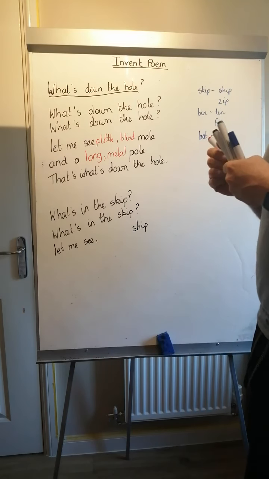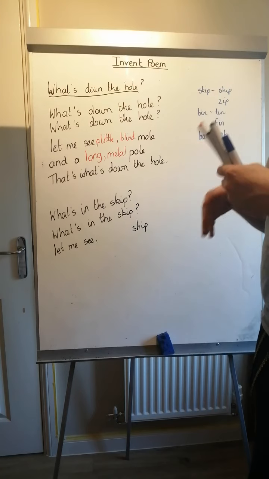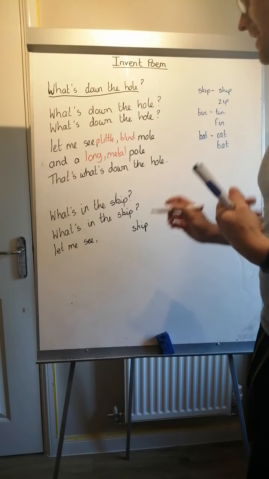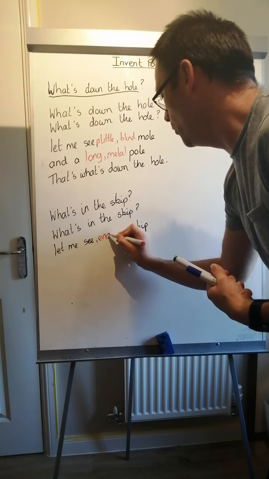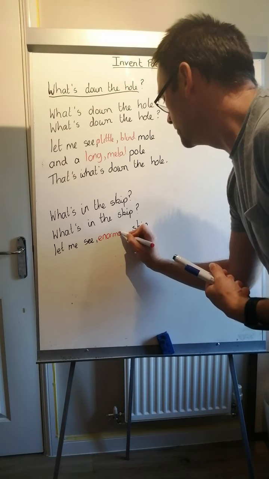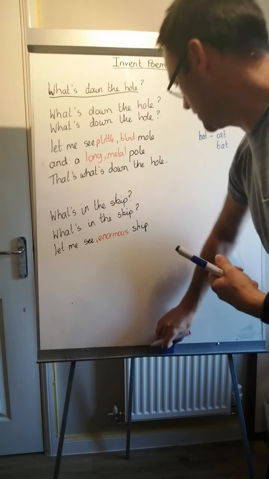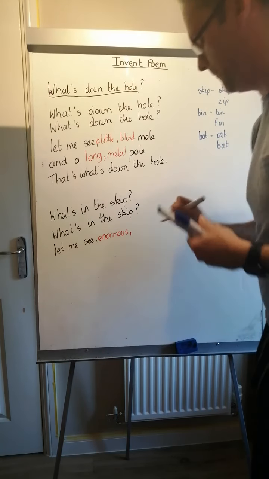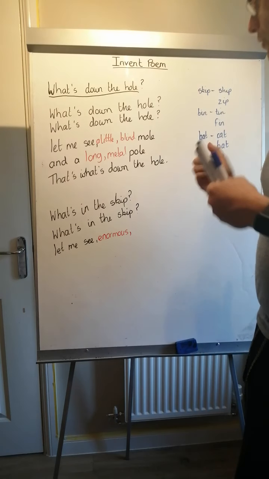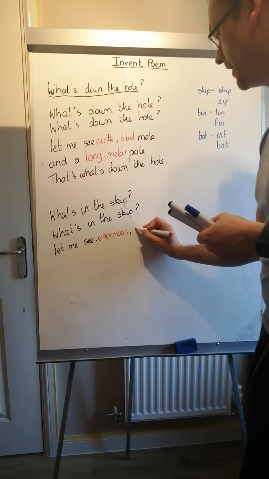Big's boring. So let's try and think of a word that means big. We could have massive, but I'm going to have enormous. Right, I'm going to have to rub out that because I've only got one word in. Enormous, comma. Not only is this ship enormous, but it has lots of people on it.